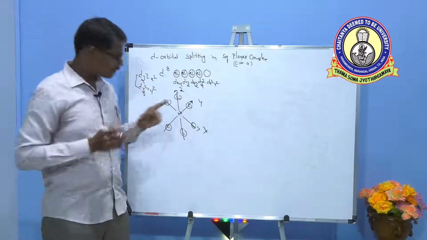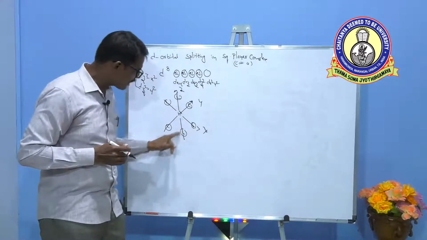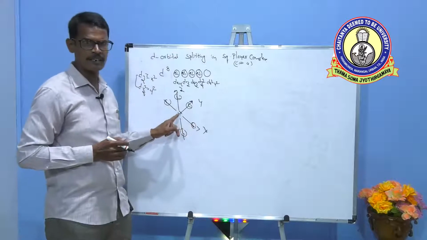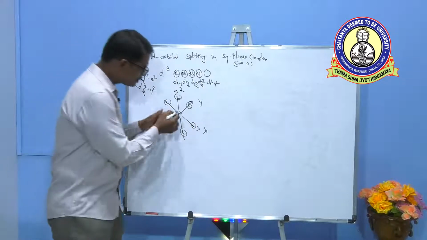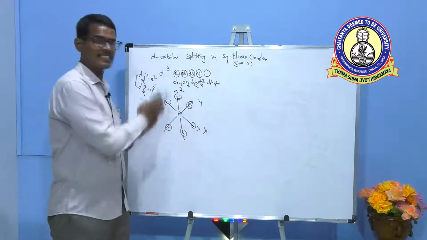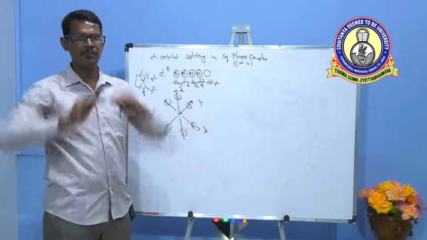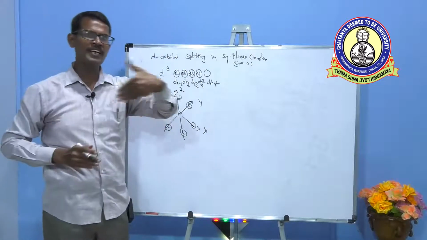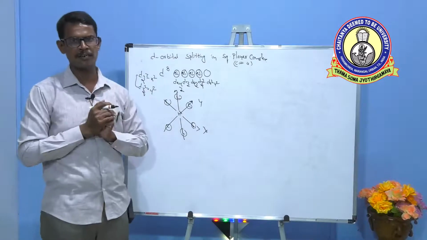At this, the metal ion attracts the ligand donor atom by its positive charge, because ligand contains negative charge, metal ion contains positive charge. And this positive charge is distributed along the x-axis, y-axis, z-axis equally, because it is a nucleus, a globe shape. X-axis same charge, y-axis same charge, z-axis same charge.